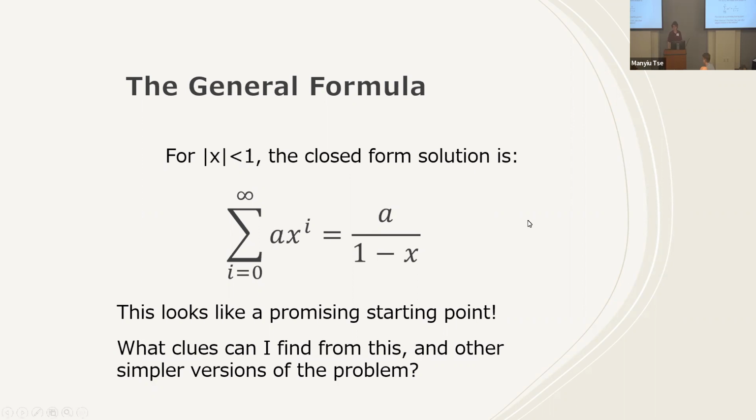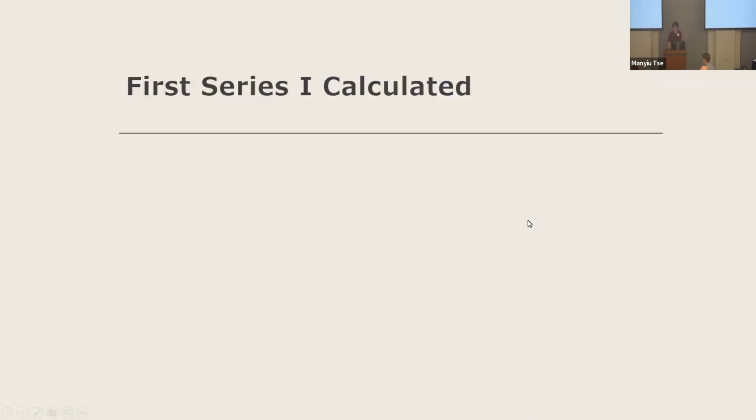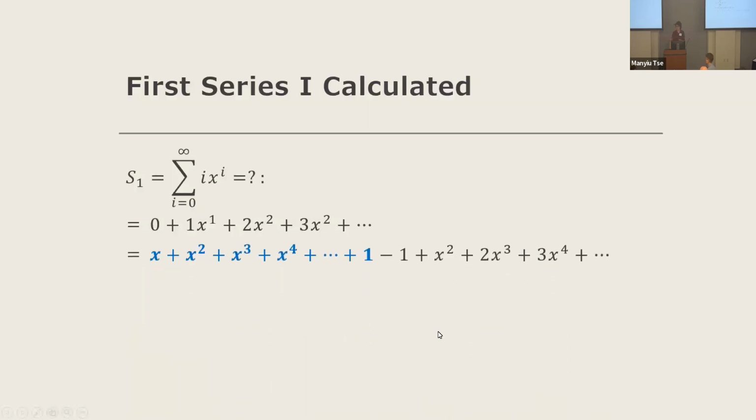So I did that, and I first calculated the series where n equals 1 on the original expression. I called it S1, the sum of i x to the i. First I wrote out all the terms. Since we know that this infinite series converges using the ratio test, for the x's that converge in the ratio test, we can separate the terms.